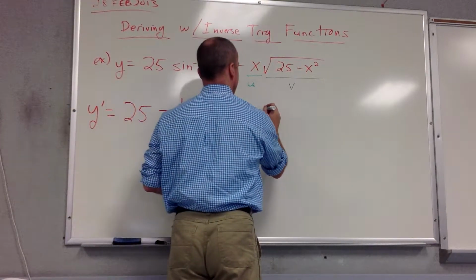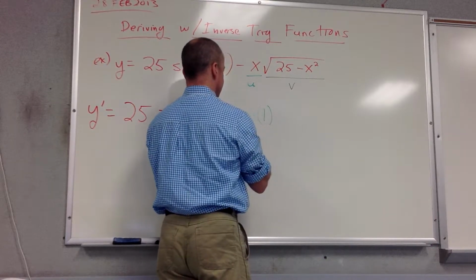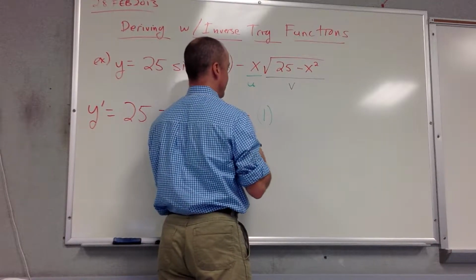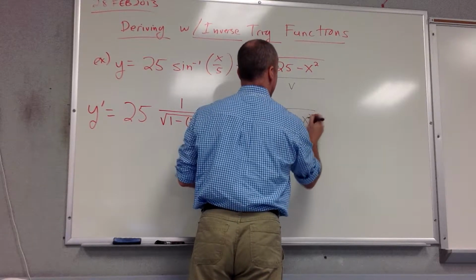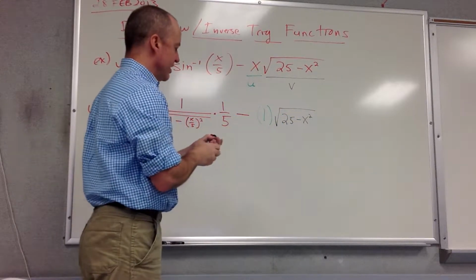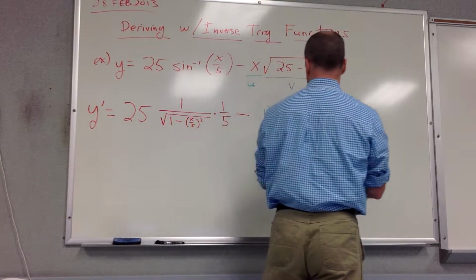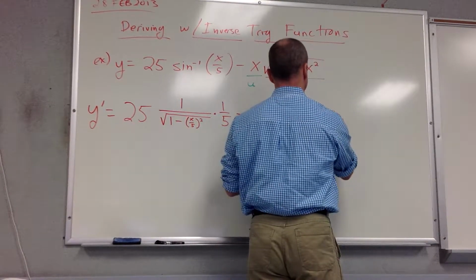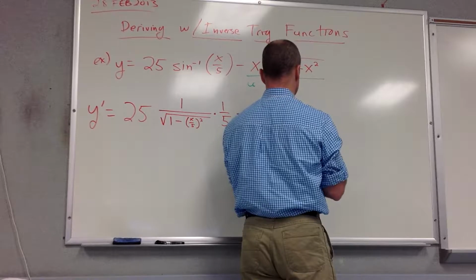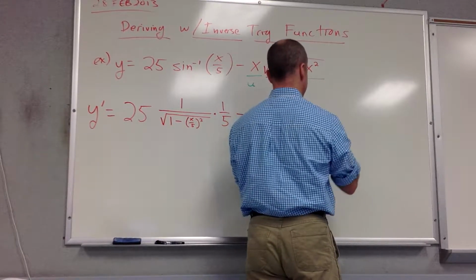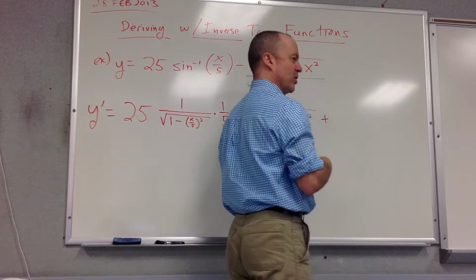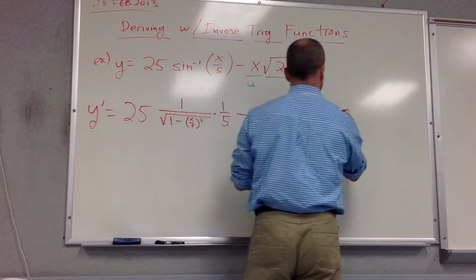U prime is 1, comes from the x. V is 25 minus x squared. V prime, or minus uv prime, I should say. No, it's plus. Plus, it's the product rule. Thank you. It's not the quotient rule. We were doing the quotient rule a lot yesterday, so it's stuck in my head.